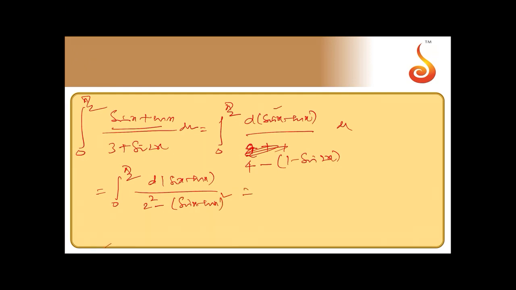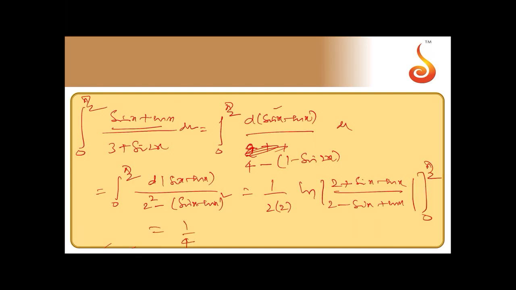So, integral 1 by a square minus x square is nothing but 1 by 2a log mod a plus x by a minus x. So, 2 plus sin x minus cos x divided by 2 minus sin x plus cos x. The limits are from 0 to pi by 2.